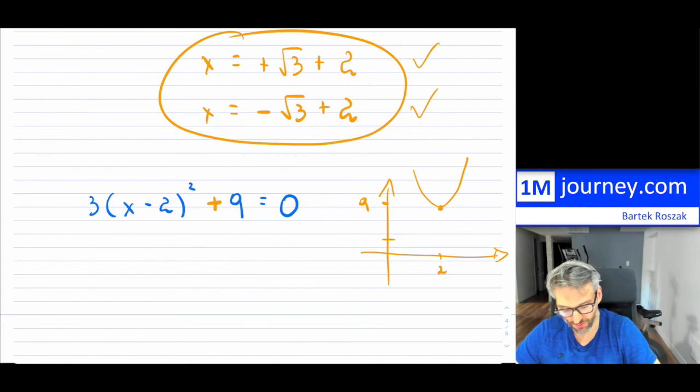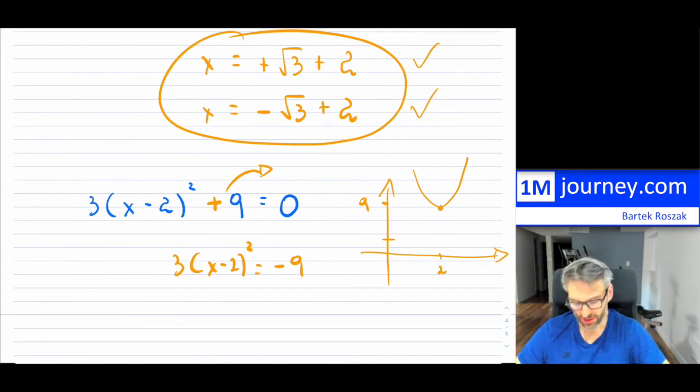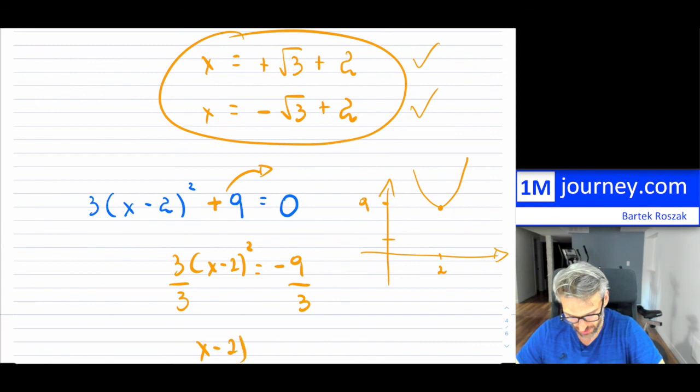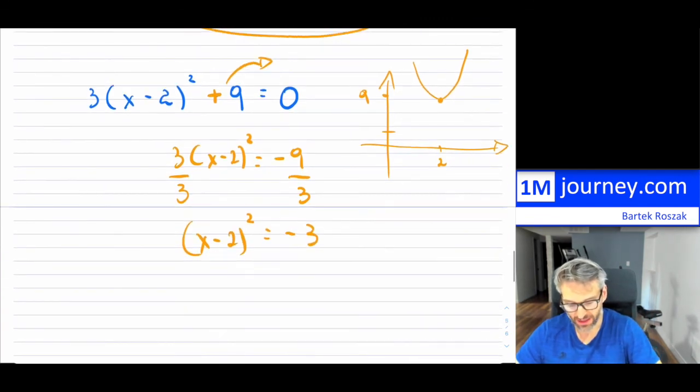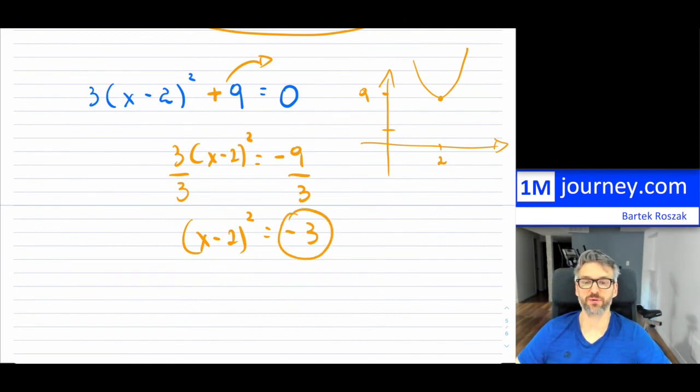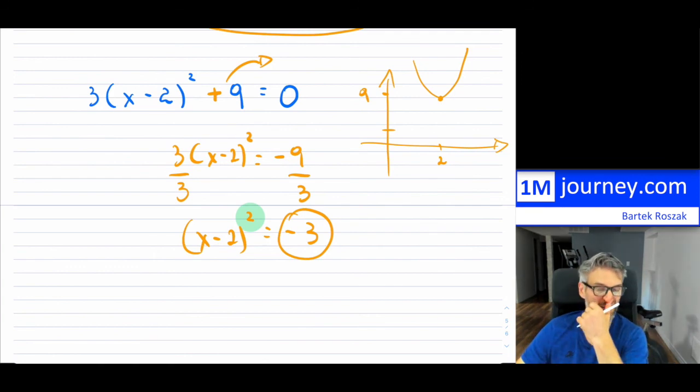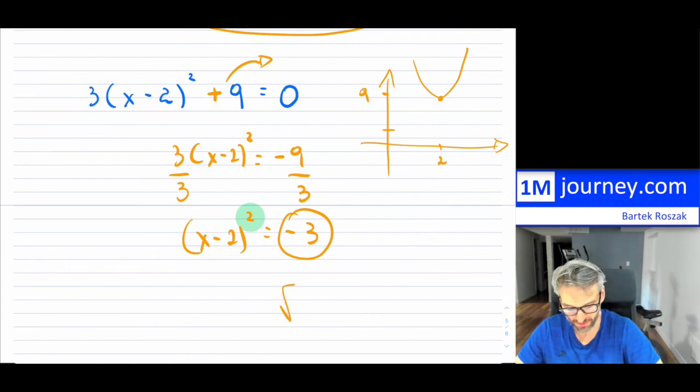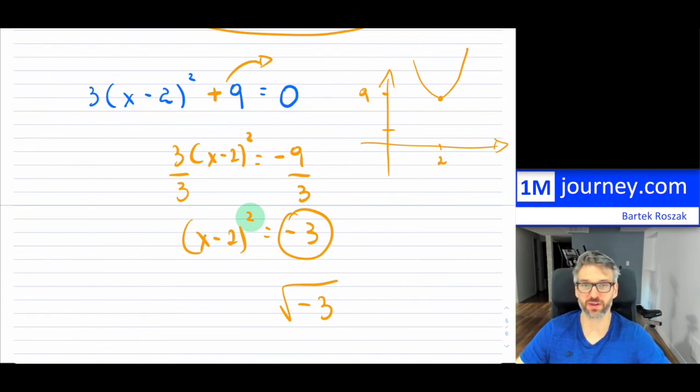If you were solving this, notice what would happen. You would bring the 9 over, and it would be -9. Now it would be 3(x minus 2) squared equals -9. You can divide by 3 on both sides, so now you have (x minus 2) squared equals -3. But now you have a problem. If you try to take the square root of both sides, you can't, because you're not going to get a real number out of this.